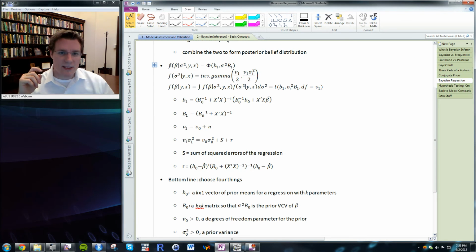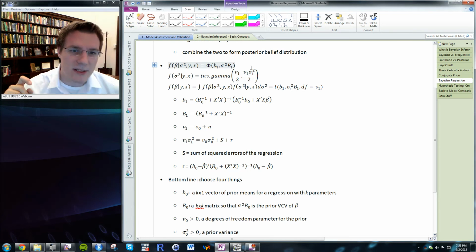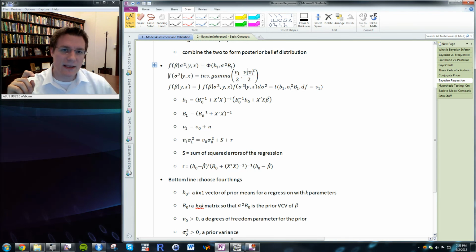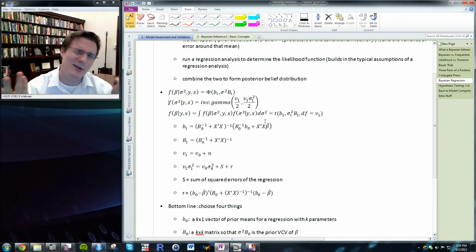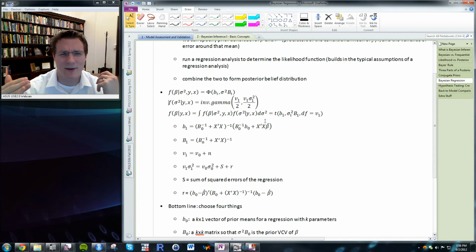So what we're going to do is say, okay, the posterior probability of beta given sigma squared, y and x is the normal density. The idea here is we're assuming as part of this analysis the classical linear normal regression model, which is to say that the error in the relationship between y and x is normally distributed. Actually you don't really need that, you can still appeal to central limit theorems to get this result.